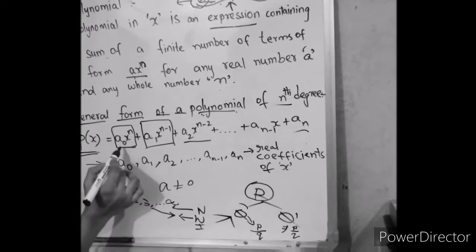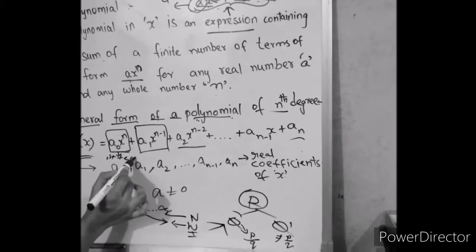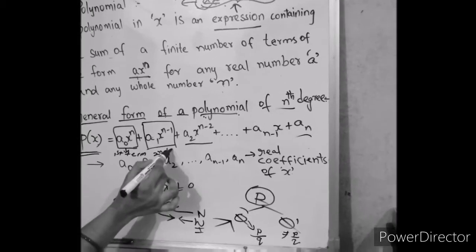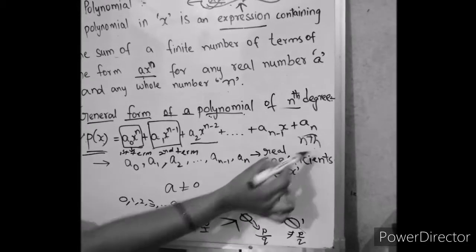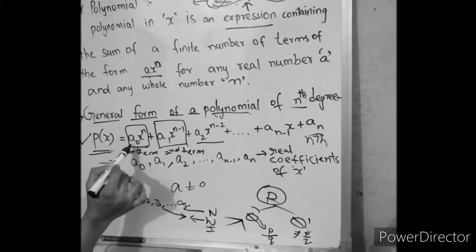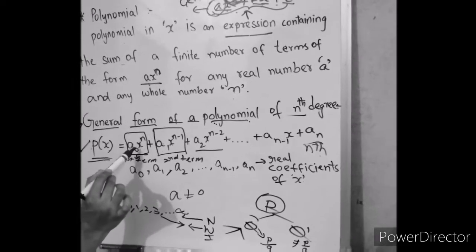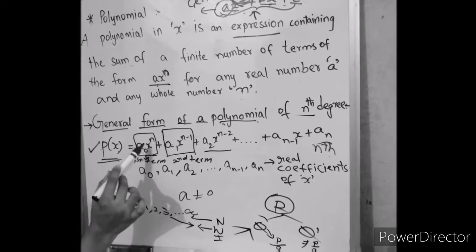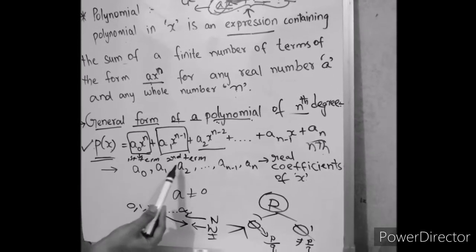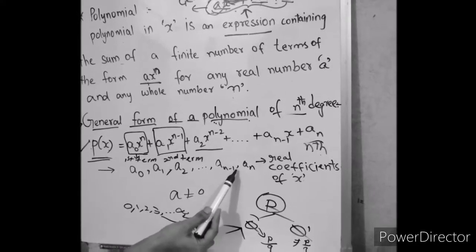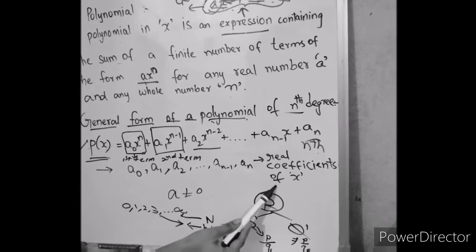This is the first term, second term, and so on, and we will call this the nth term. Now in this first term we have to check what different things we have. Here I have mentioned a naught, a1, a2, and so on, an minus 1, an, which are real coefficients of x.